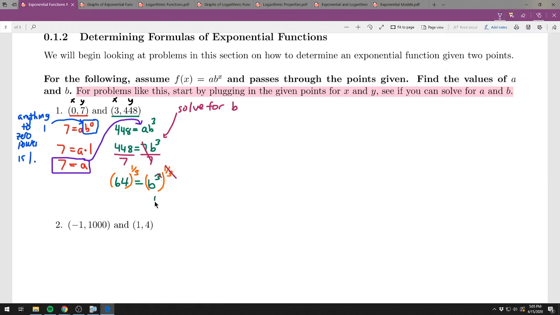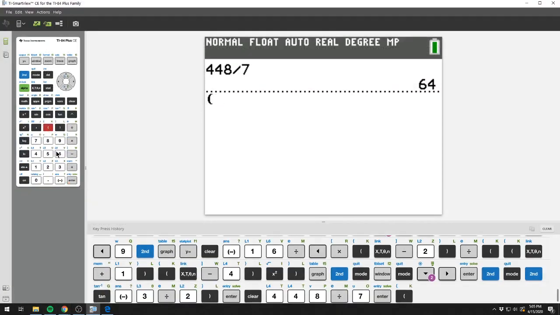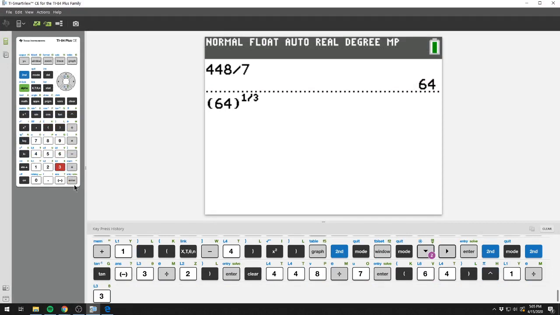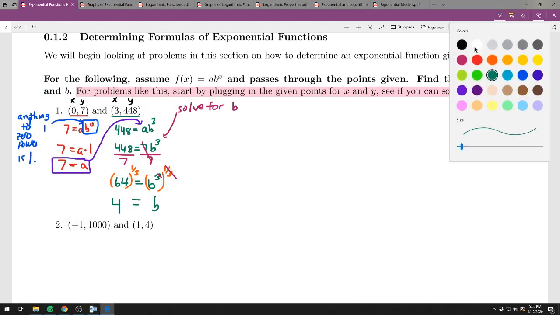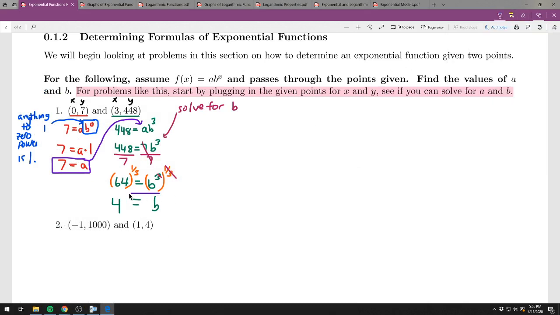And we get b equals 64 to the 1/3. Once again, you can type this in your calculator. If you remember, the 1/3 power means the cube root. You might know the cube root of 64 as well, but it is exactly 4. So we've got a equals 7 and b equals 4.